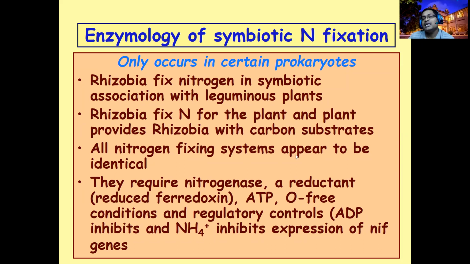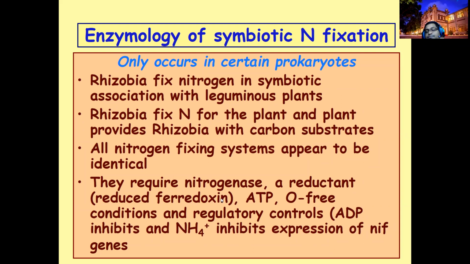They require an enzyme that we call nitrogenase. In industry we cannot produce it this way, so we use the Fe catalyst to break this N triple bond. But the symbiotic bacteria have an enzyme we call nitrogenase.